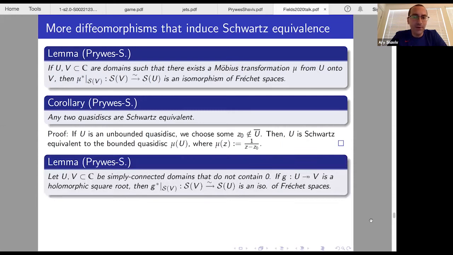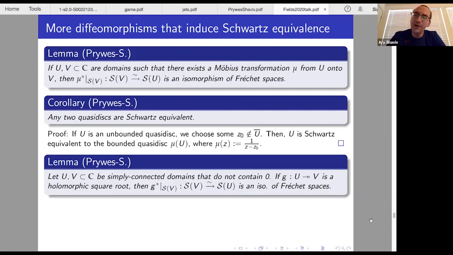Another example, which is very nice, this is Eden's favorite, I think. If you take two open simply connected domains that do not contain 0, and we take any holomorphic square root, any branch of the square root function, then it also induces Schwartz equivalence. Note that these two lemmas are very similar to being definable, right? Because a Möbius transformation is kind of definable, but not really, because you don't know that your U and V are definable.